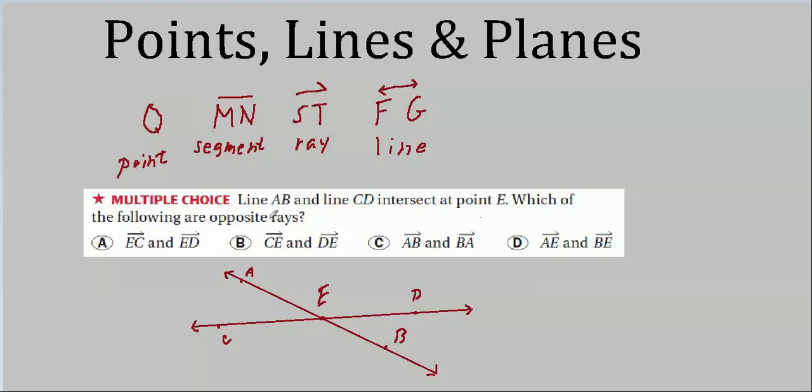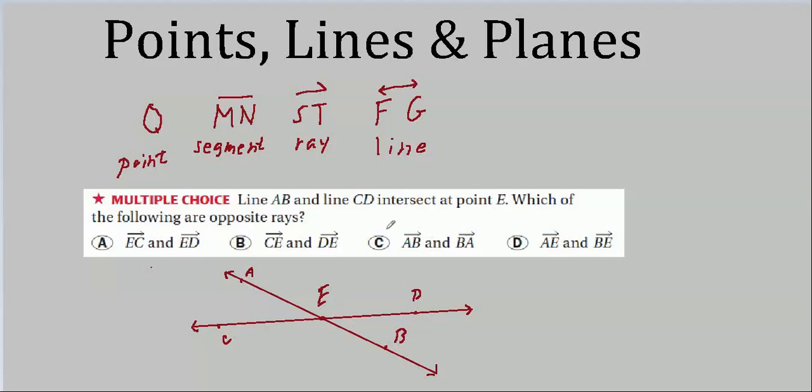Which of the following are opposite rays? Well, let's see here. We've got ED and EC. And it looks like this one is. What about CE and DE? Well, no. Remember, they at least have to share a common endpoint.